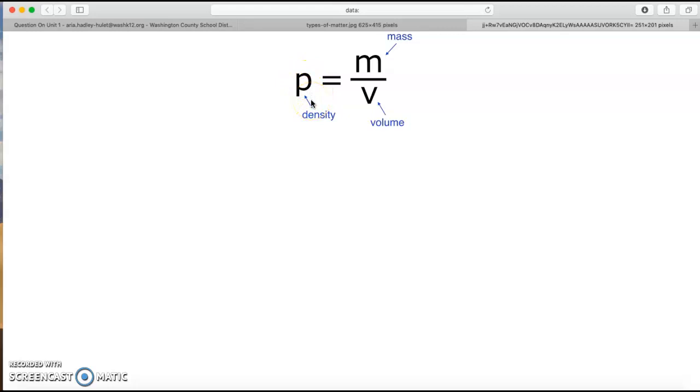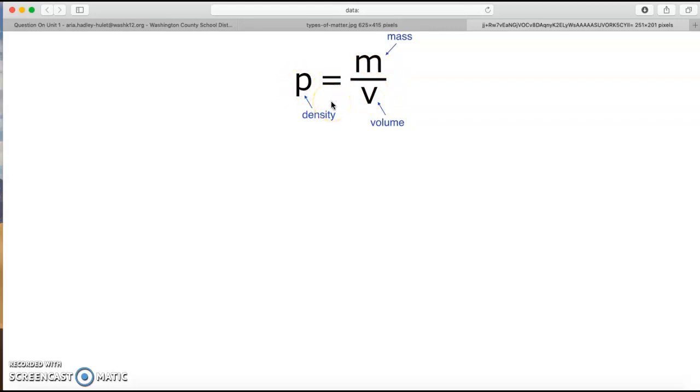The reason why this happens is because it's the amount of mass per volume, and we have this very specific ratio between the two. If I take the sample and I cut it in half, now my mass is half as much and my volume is half as much, so we end up with the same ratio between the two, and the density is the same as it was before.